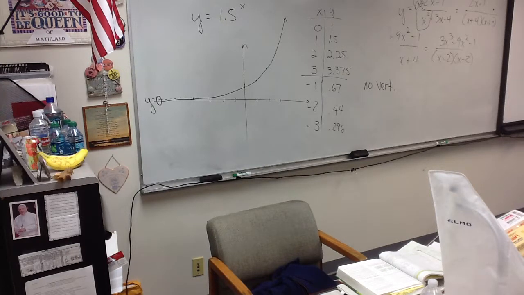You can't. So we have a horizontal asymptote here. It is not found the same way the other horizontal asymptotes have been found, but it's there. Yeah, your horizontal asymptote is 0.